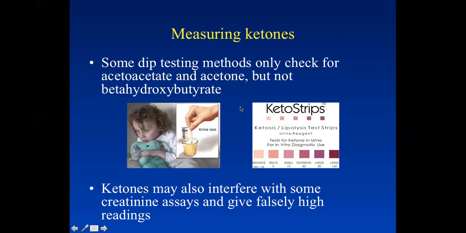But in diabetic patients or in ketoacidotic states, what is actually more is beta hydroxybutyrate. So when you measure the ketone levels in urine using a strip, you may not detect a severe ketonuria. That is a limitation in this testing.